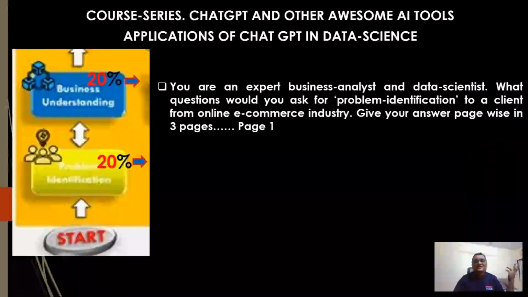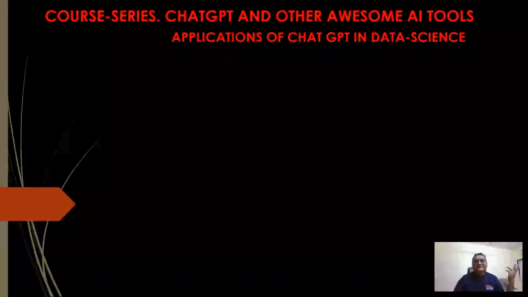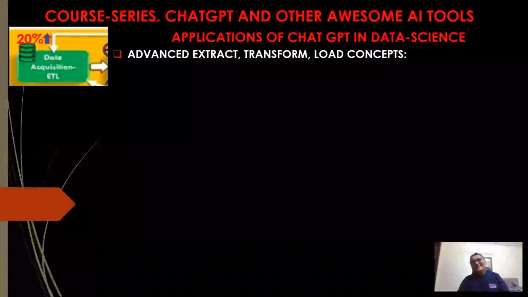So I am discussing this one rare, again technical detail, some advanced ETL concepts. Though this would be a little bit technical, at least you should be familiar with this. We will not go into this beyond this slide, so don't worry.